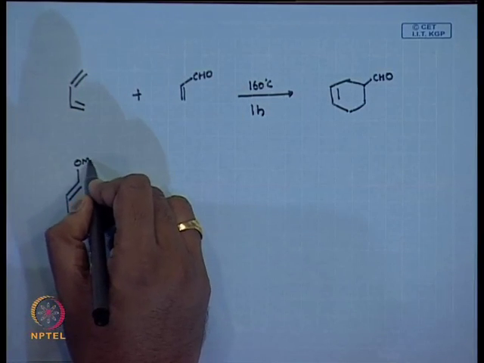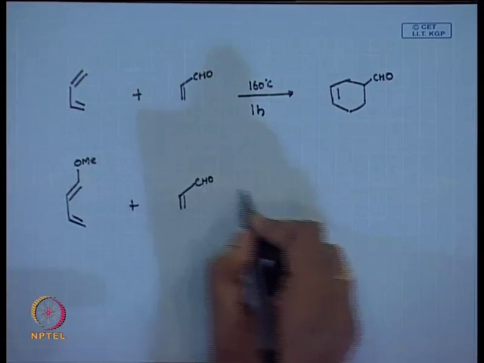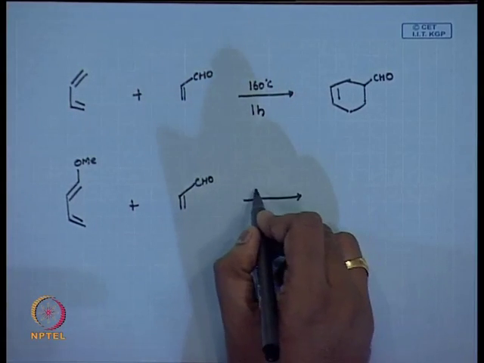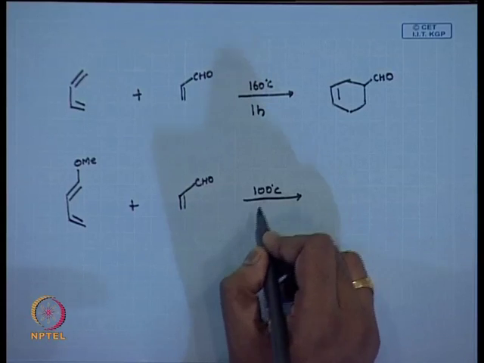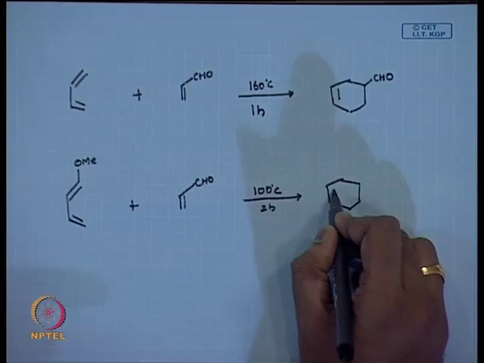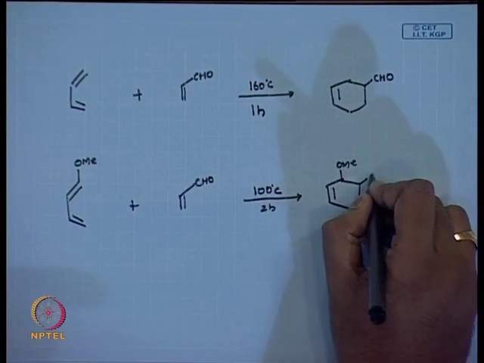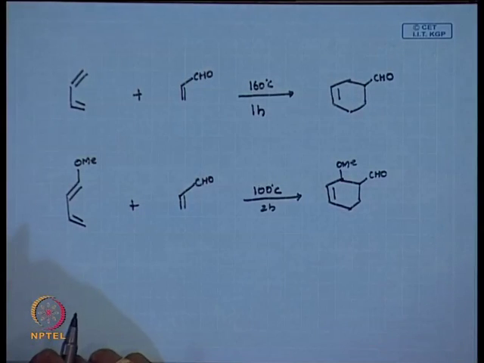So, for example, I take a methoxy and do the same reaction, and you see that the reaction at 100 degrees Celsius in 2 hours gives me my product. So, the reactivity of your Diels-Alder can be altered by altering your dienophile and diene.